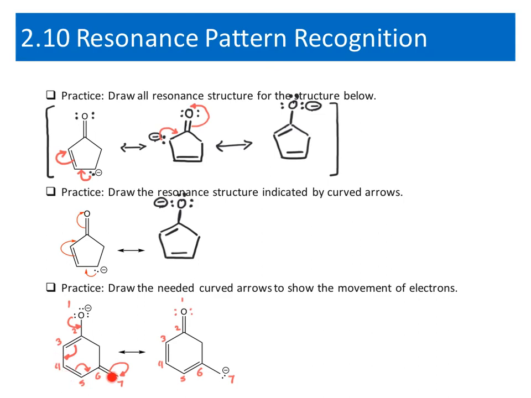So if you focus right between carbon 6 and 7, if I push the pi bond between carbon 5 and 6, what's happening is that carbon 7 lacks the electrons, so it should become positively charged. However, if you compare and look at this structure, carbon is negatively charged. This is how I recognize the pattern that, okay, if I go from oxygen and then move through this pathway, this carbon would get the negative charge.